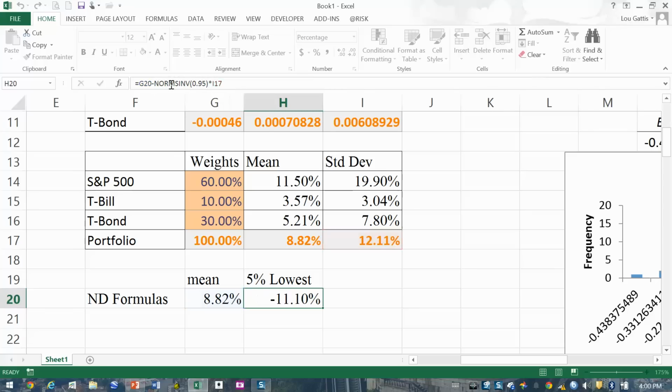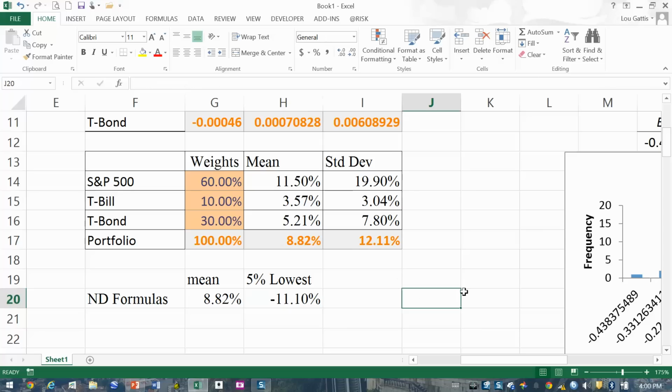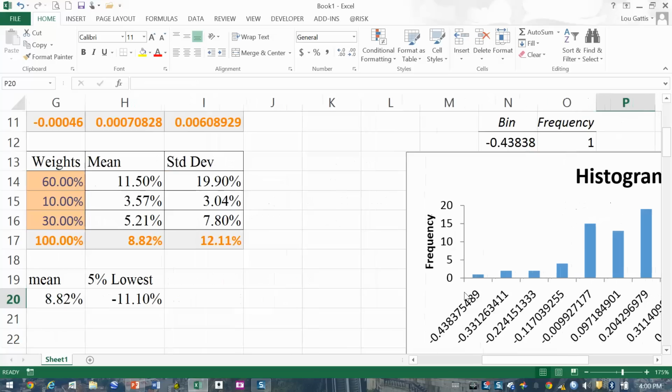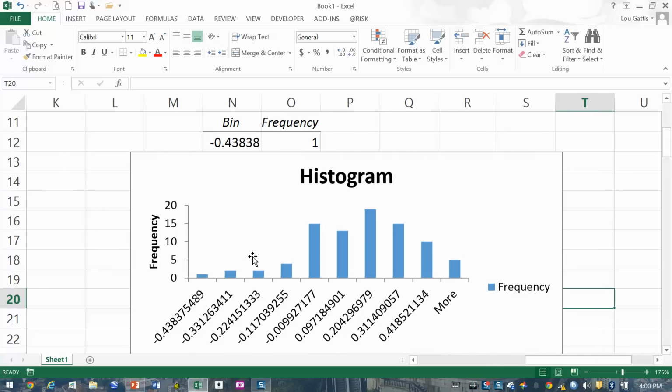So the mean minus 1.65 standard deviations times the volatility is minus 11%. So if it's normally distributed with mean of 8, standard deviation of 12, I would expect that only 5% of the outcomes will be below minus 11%. So it looks like it's kind of violated here. It looks like there's maybe a few more than 5% below minus 11%.